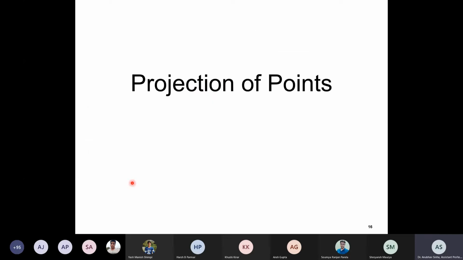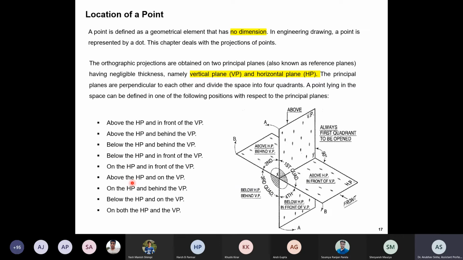So now let us go to projection of points. Once you are clear with what the different quadrants are, plotting a point becomes quite easy and straightforward. What we need to do is identify where that point is given in reference to VP and HP.